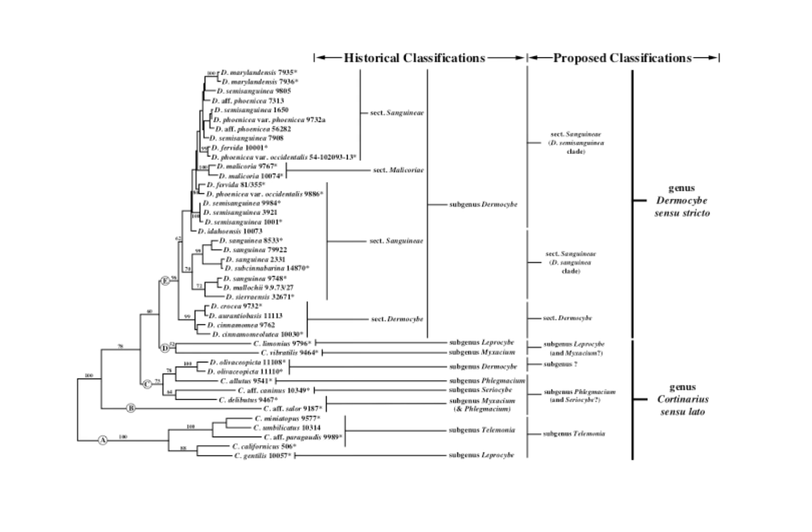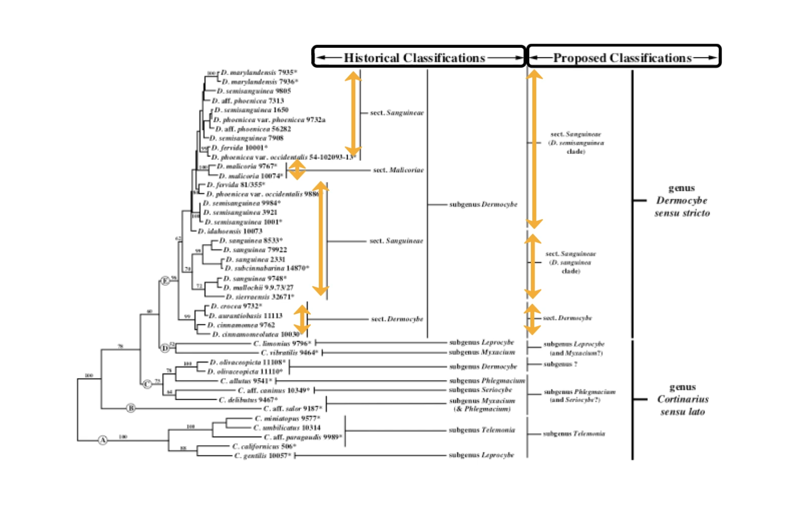And then looking at the sub-classifications of this, the section sanguinii, section malacori, etc., to determine whether those were supported by the molecular data. We tested in several different ways and actually came out with a result that was surprising in some ways, in that the genus Dermaceae was well defined, although the subgroupings were not as clear, and some of them were not supported by the molecular data and the maximum likelihood analyses.